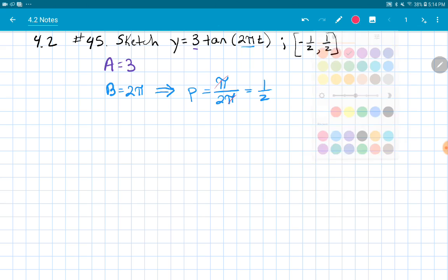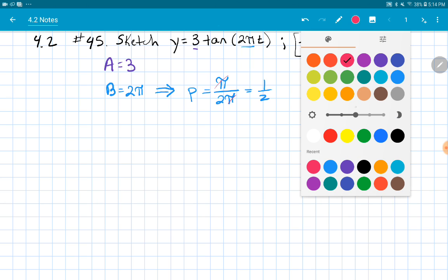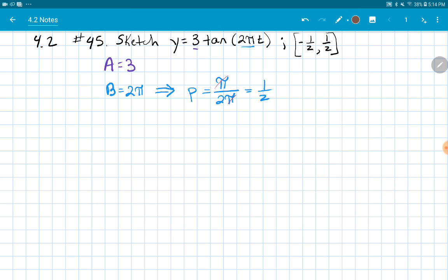All right, so that gives me my reference rectangle. So let's see.